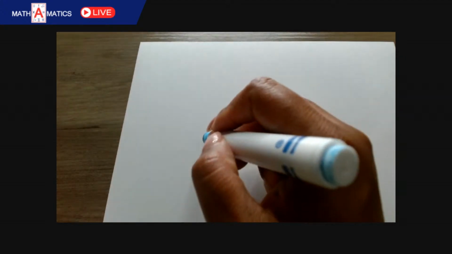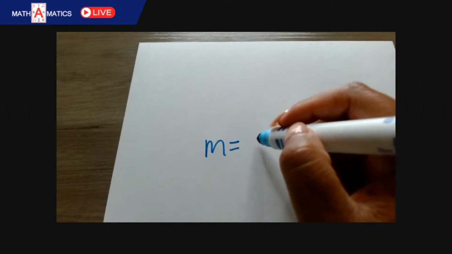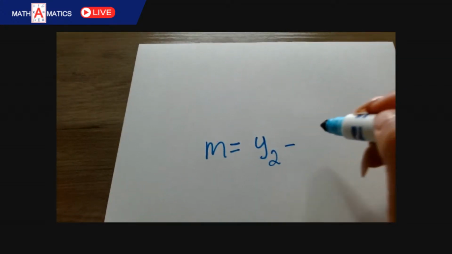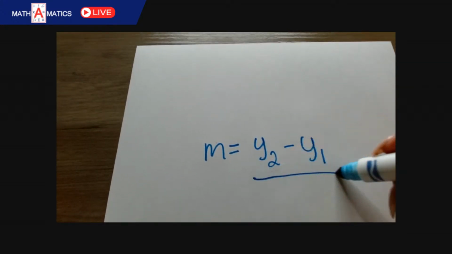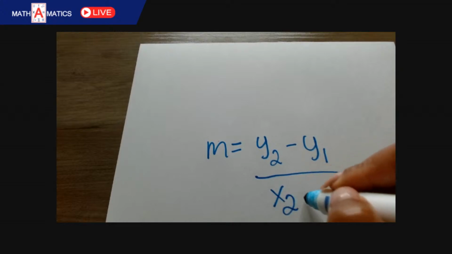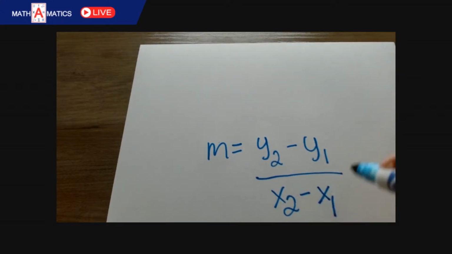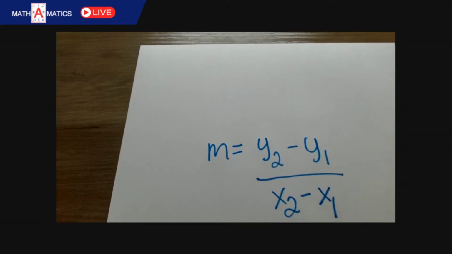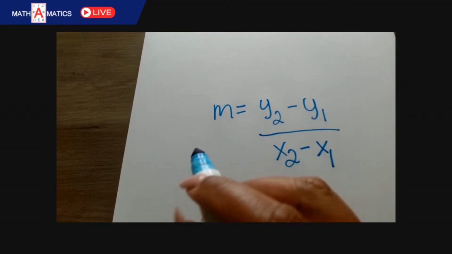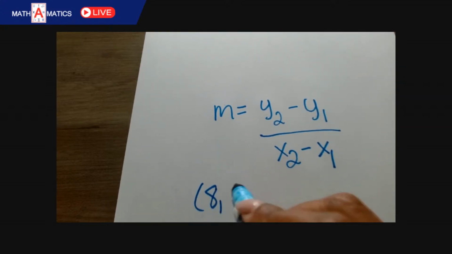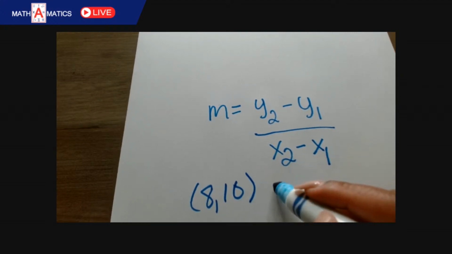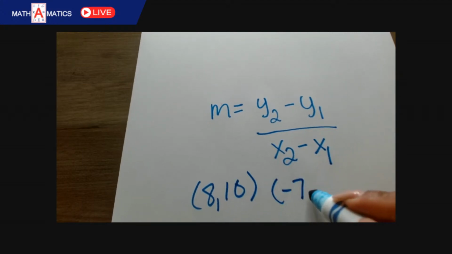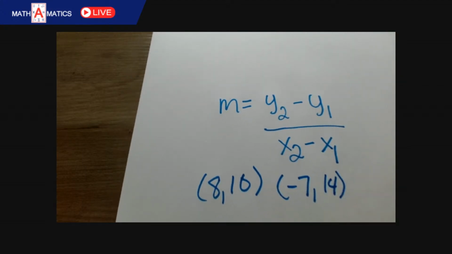So we know that slope is equal to y2 minus y1 over x2 minus x1. And so we are going to find the slope tonight of (8, 10) and (-7, 14).